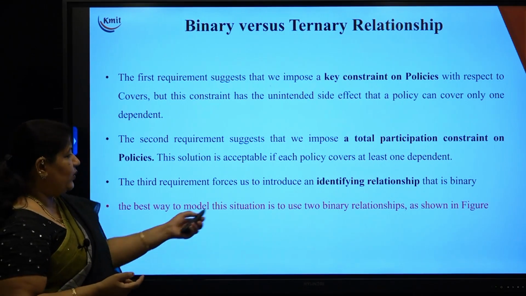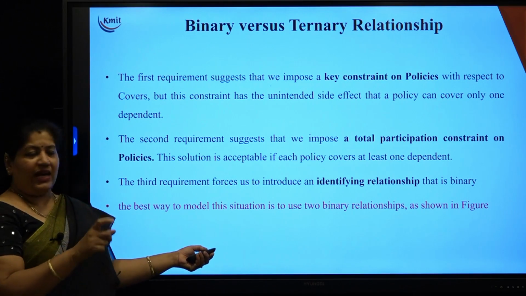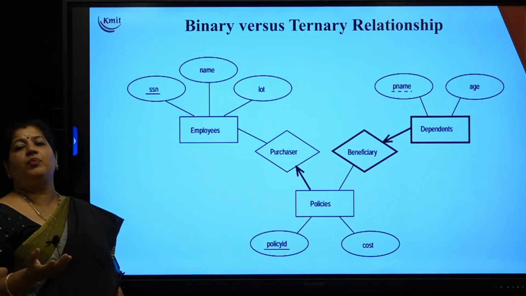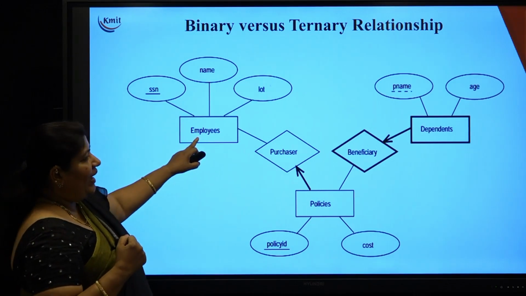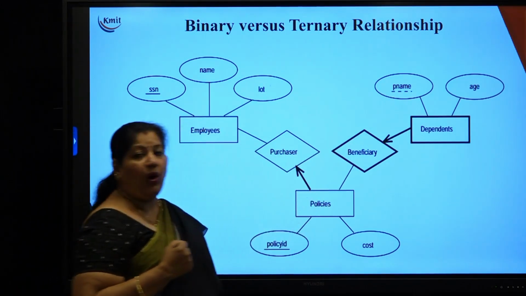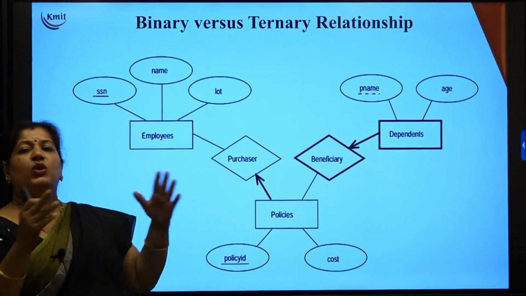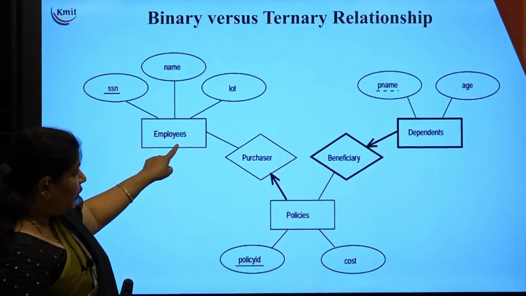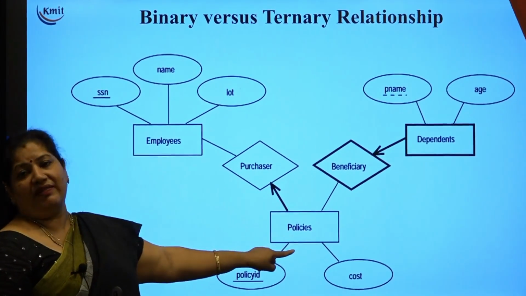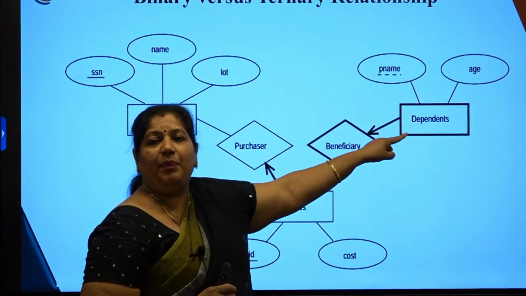So, when we look into this, we can go for a binary relationship. Instead of ternary, a binary relationship shows better meaning here. Look at this, we have employees, dependents and policies, but the relationship is now changed from ternary to binary. That is, employees purchase policies and in those policies they have added dependents.